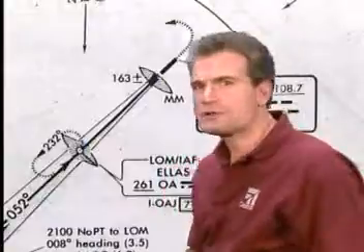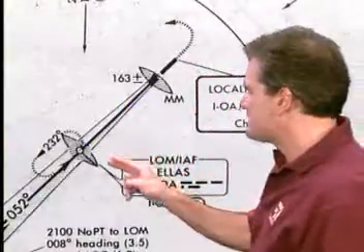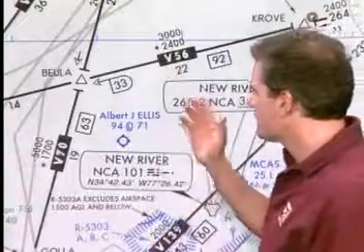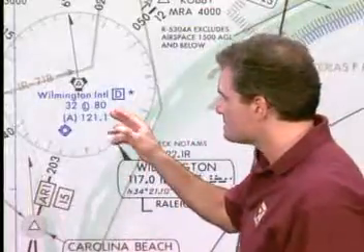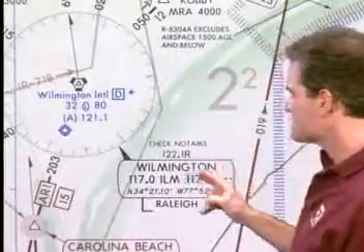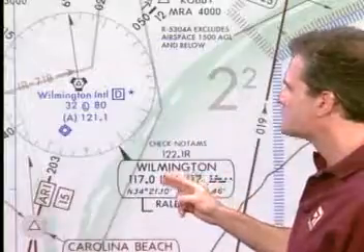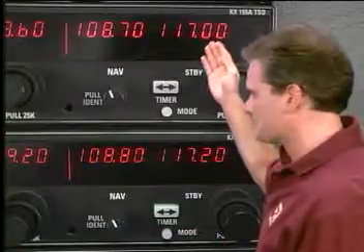But as you know, on this approach, the missed approach nav aid is an NDB. However, if you miss the approach here at Ellis Airport, Wilmington International Airport would probably be your alternate, so you would use the Wilmington VORTAC frequency of 117.0, and that would be a great choice in nav1 standby position.